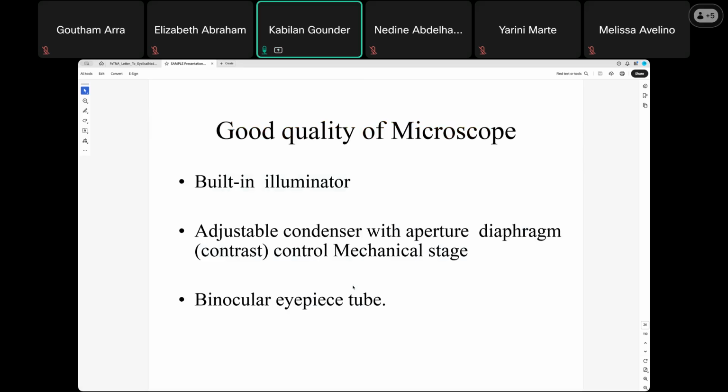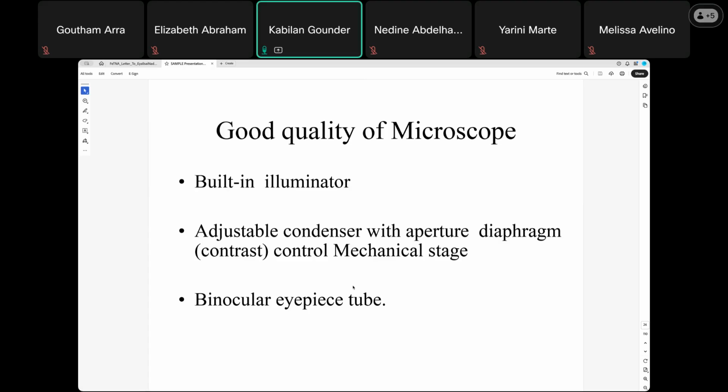The light source should be attached permanently to the microscope, so that you don't need to worry about it. If it is not built into the microscope, then there are a lot of problems with the intensity of the light source. Every time you go back and forth, it is different.